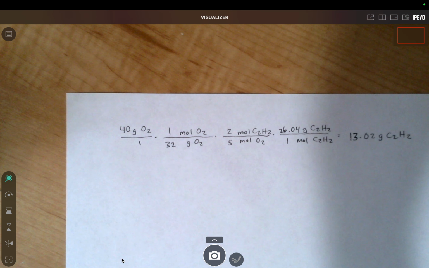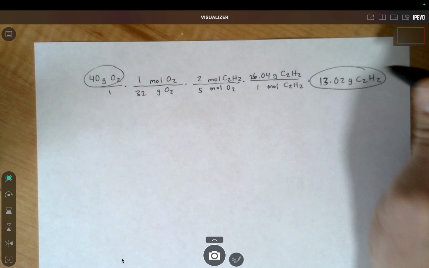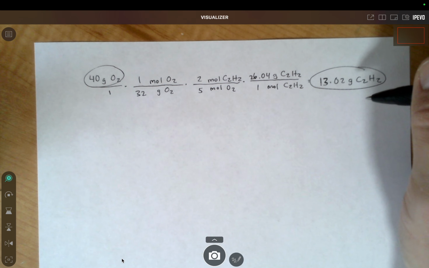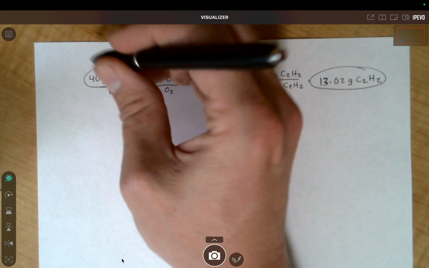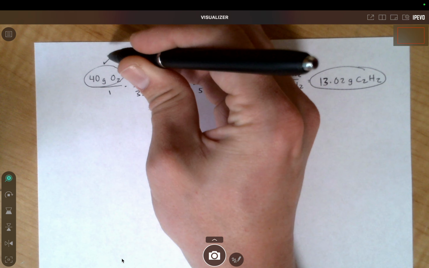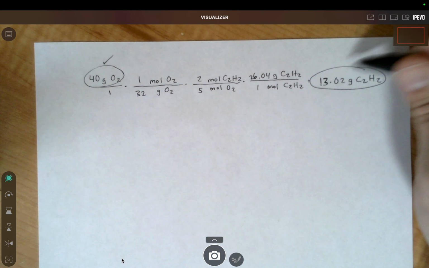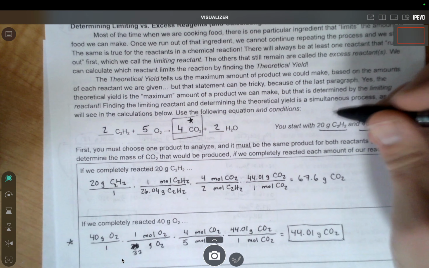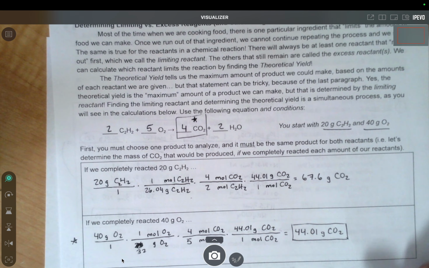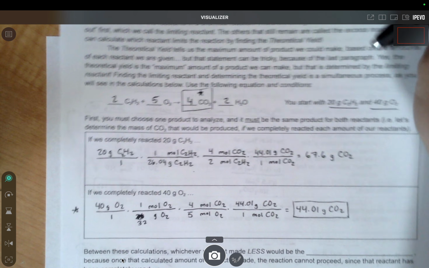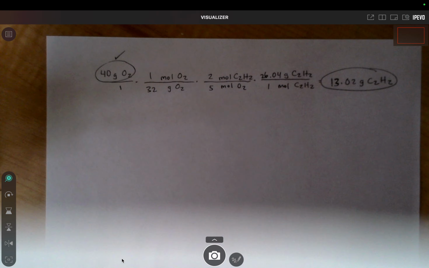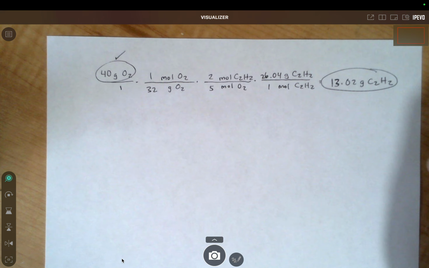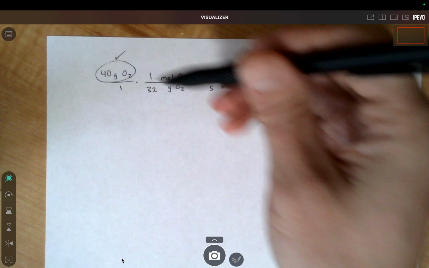What does this mean? If I completely use all 40 grams of oxygen, I will also need to use 13 grams of ethyne. So by the time that this is done, that's all the ethyne that I will have used. But in the calculation, we have 20 grams. So this is one way that you could solve for a limiting reagent in one shot. Compare the two reactants. Pick one of them.